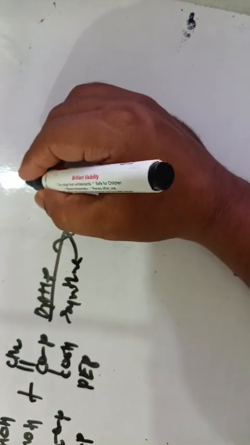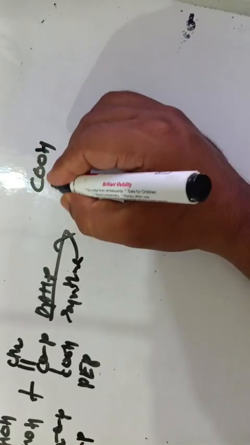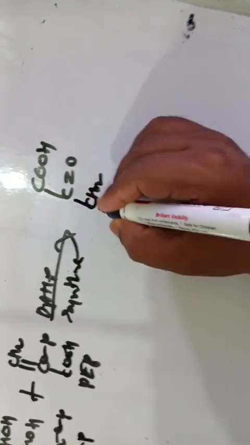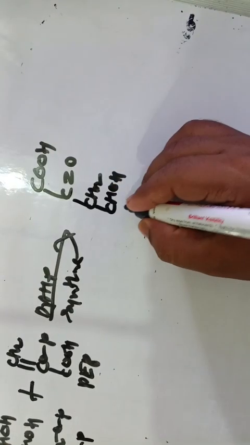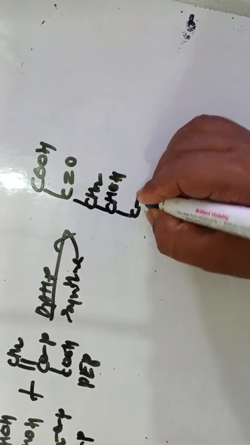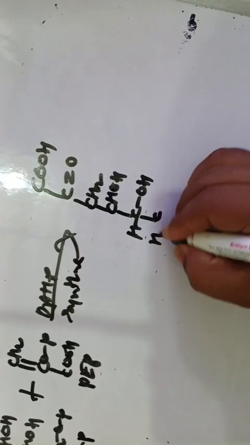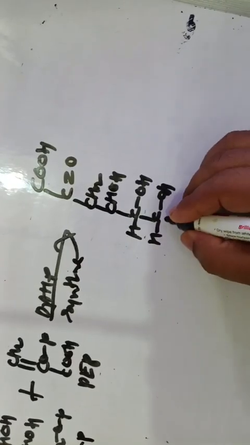Now the compound is COOH, C=O, CH2, CHOH, CHOH, CHOH, CH2OP.